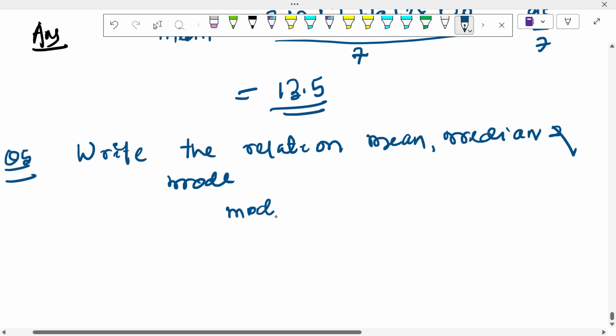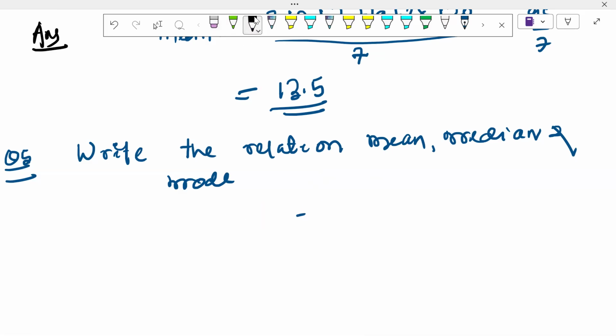Okay, mode is equal to 3 median minus 2 mean, right?